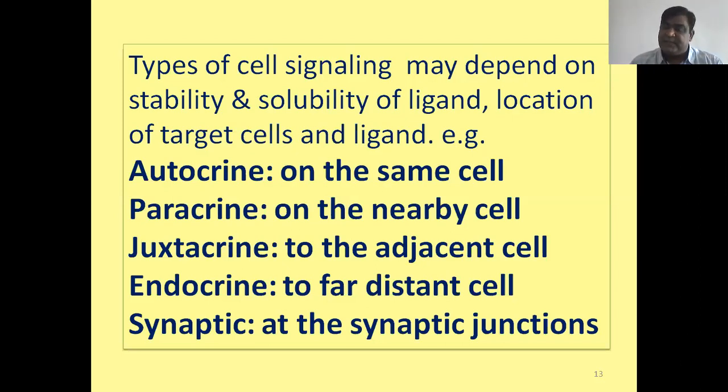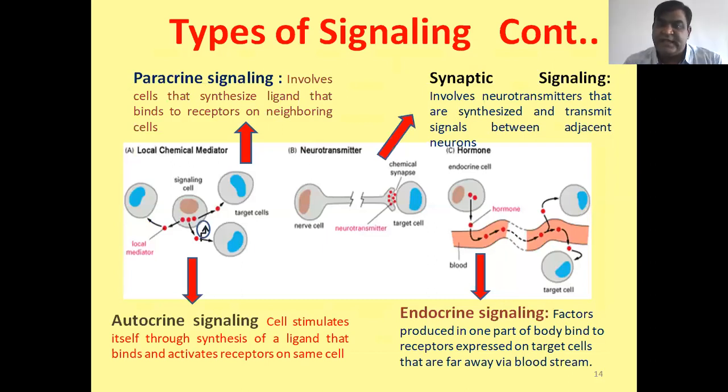Then there is synaptic signaling, which occurs at neuromuscular junctions or synapses, brought about by the neurotransmitter acetylcholine. Because of this fact, there are questions on acetylcholine. Now, this is the diagrammatic representation of the signaling molecule at synaptic signaling.